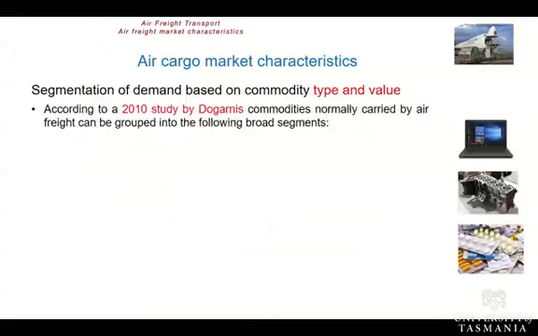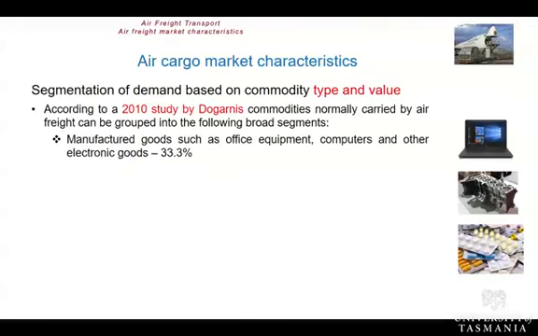Now, to give you a sense of the typical types of volumes of particular commodities, Deganis did a study, and what he found was that 33%, so a third of all air cargo moved around the globe, are manufactured goods. So the equipment, computers, electronic goods, so high-tech equipment. So that makes up a third of the goods moved by air cargo.